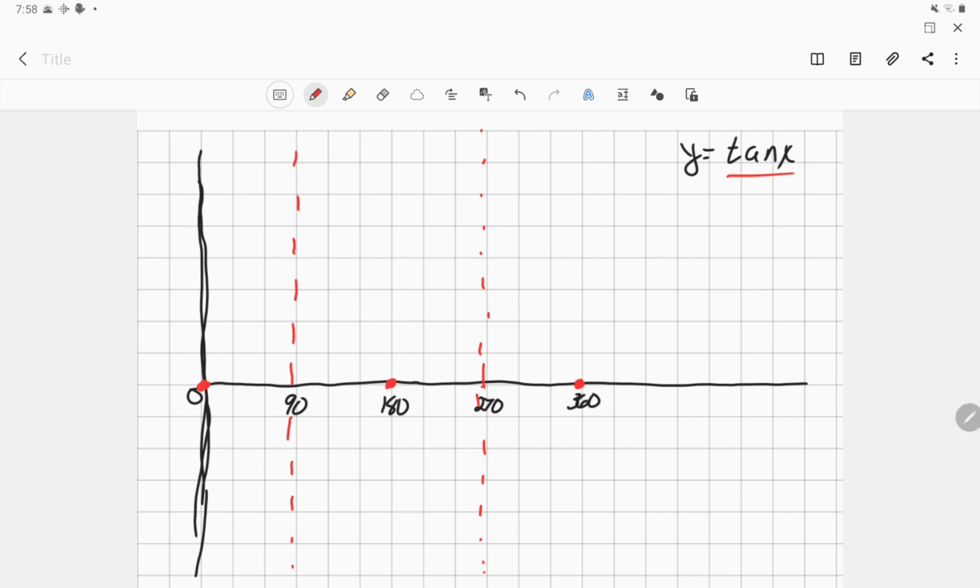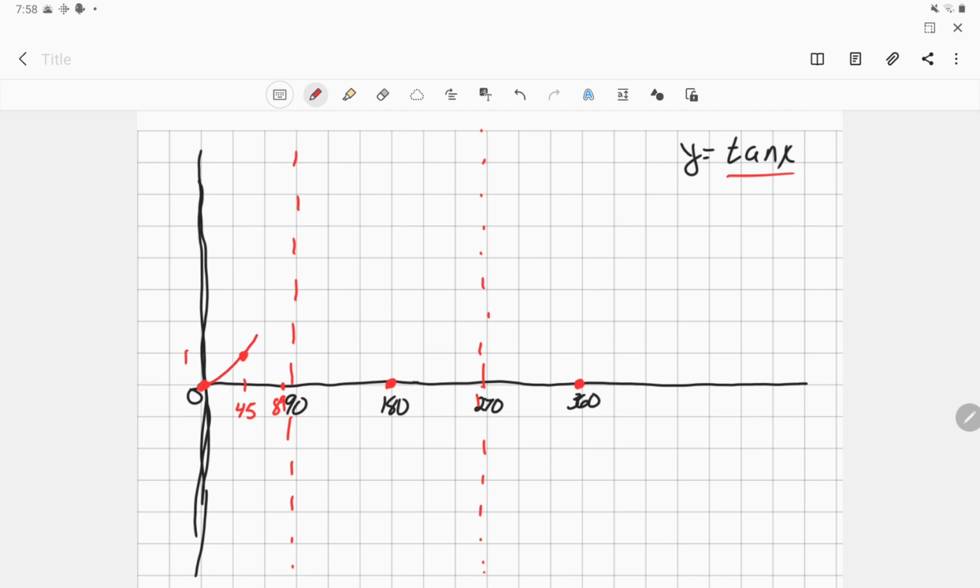So if I check halfway in between at 45, it tells me that tan of 45 is 1. And we always want to know what's happening close to an asymptote. So I'm going to pick something just on this side. I'm going to pick like 89. Tan of 89 turns out to be like 57 point something.